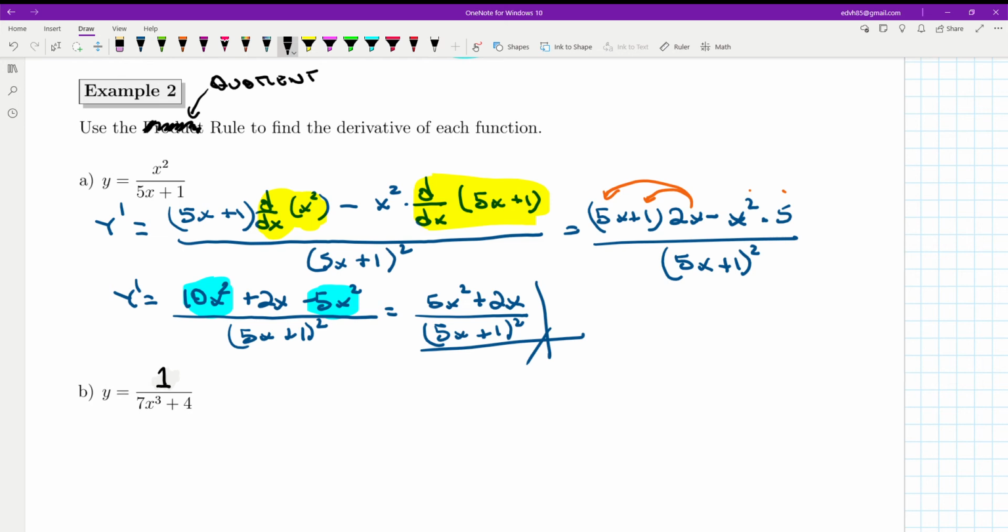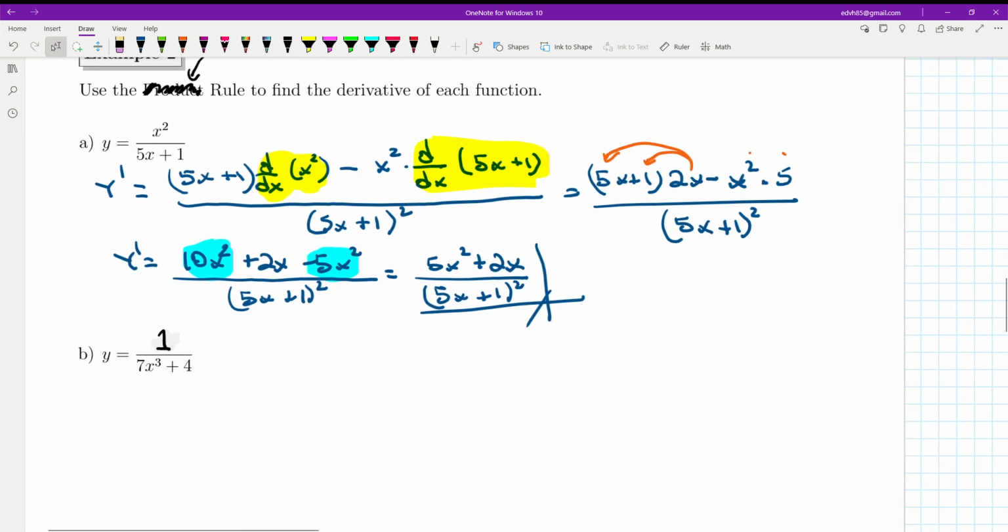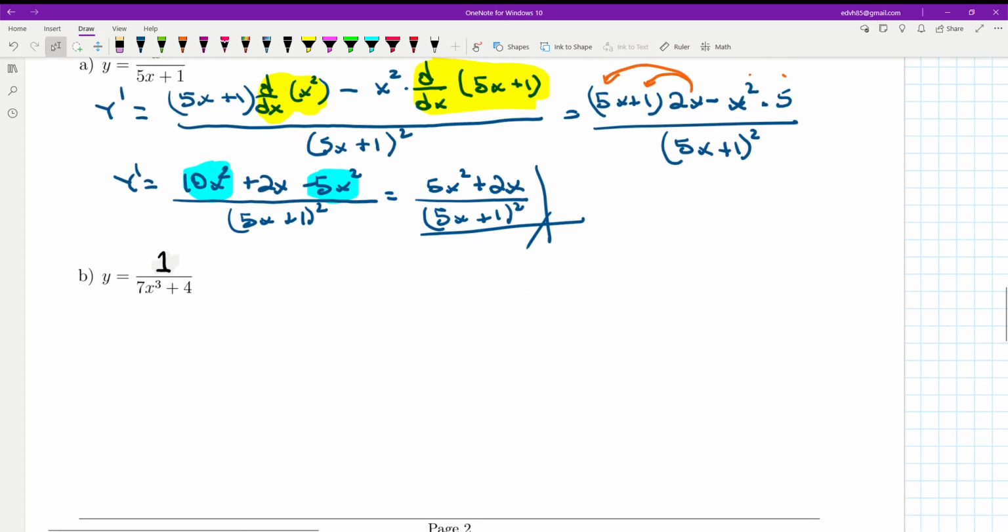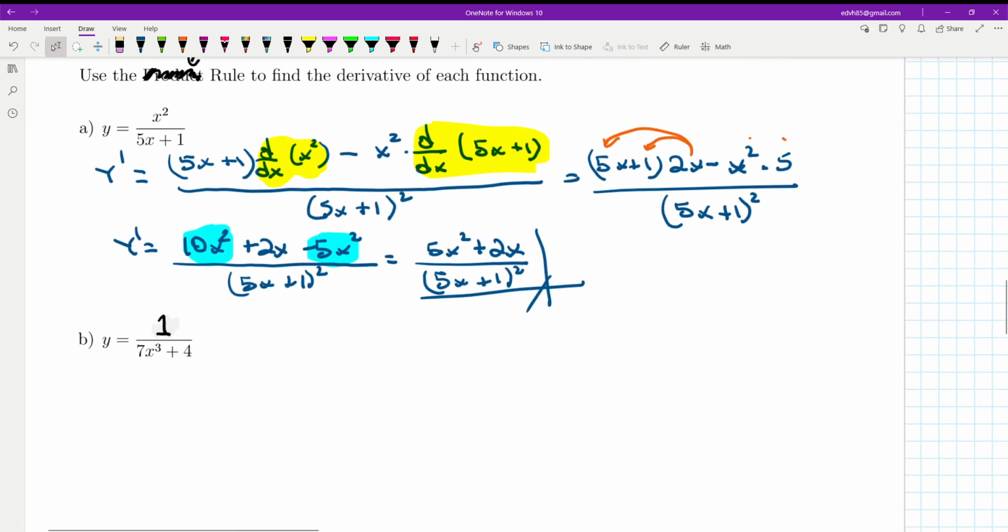So I'm going to do this problem right here, the derivative of the function y equals 1 over 7x cubed plus 4. So maybe I should have denoted this our function f and our function g from the formula for the derivative of the quotient rule. So this will be our f and this will be our g.